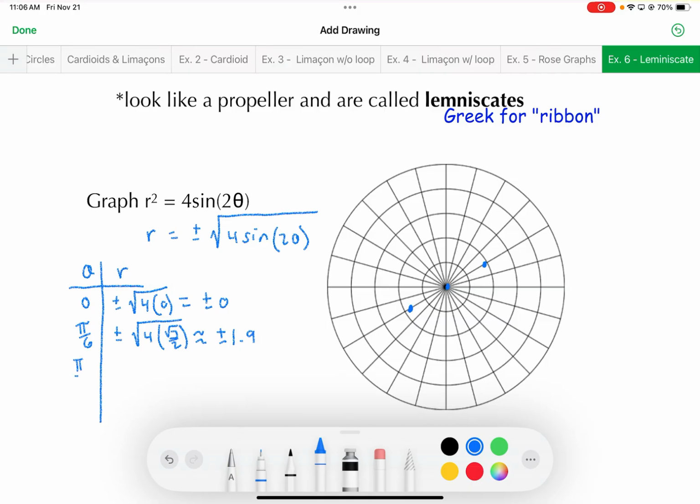Okay, I use pi over 4. That gives me plus or minus the square root of 4 times sine of pi over 2, which is 1. That evaluates nicely to plus or minus 2. That puts me right there when r is positive 2, and right there when r is negative 2.